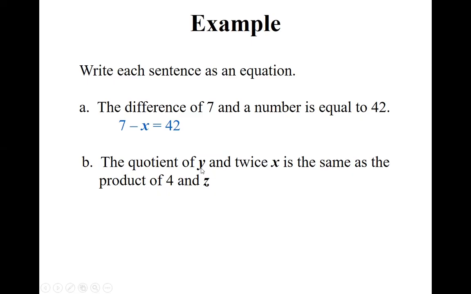Quotient means divide. Quotient of this and this. Y divided by twice x. Twice x means 2 times x, that's 2x. Y divided by 2x is equal to the product of 4 and z, 4 times z, or 4z.